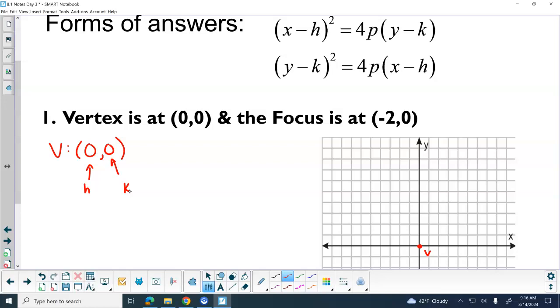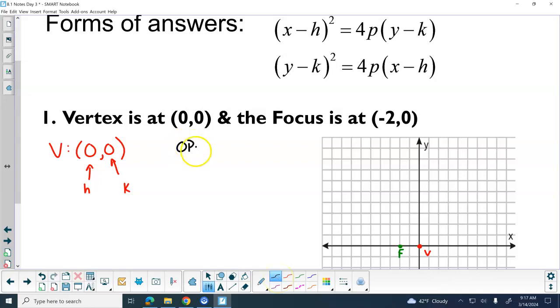The vertex, remember, is (h, k). We're going to try and fill in one of these equations. My focus is at (−2, 0), which means I can figure out lots of things just based off of those 2 points.